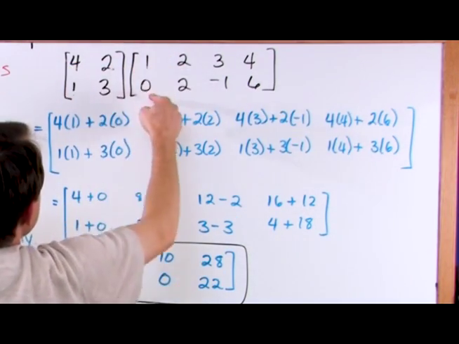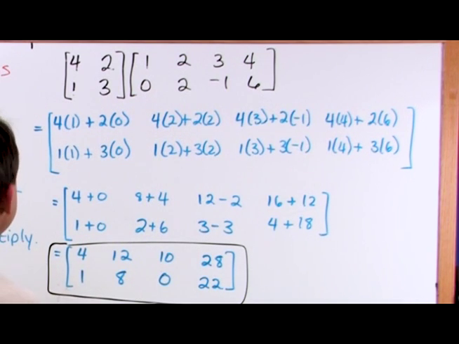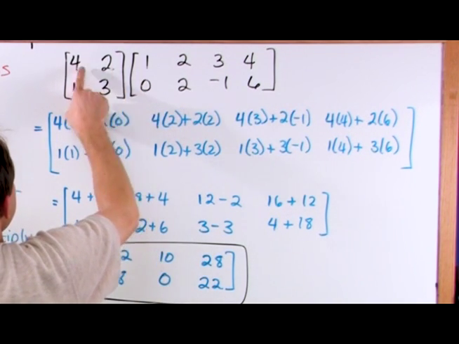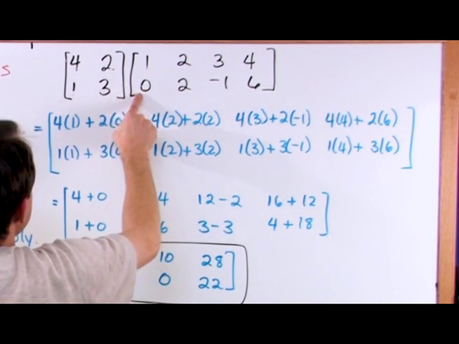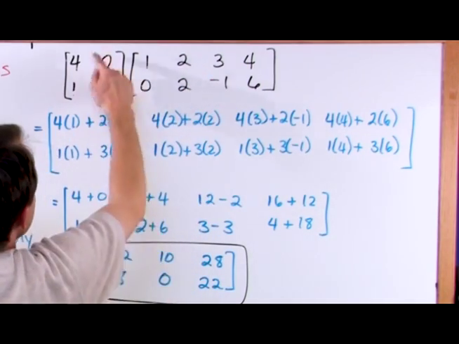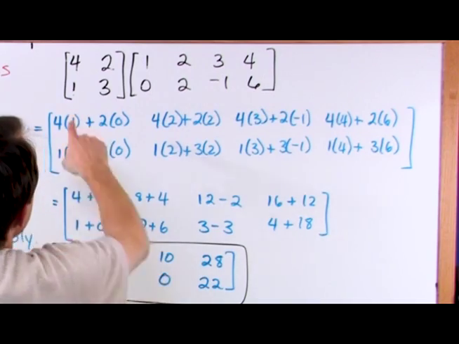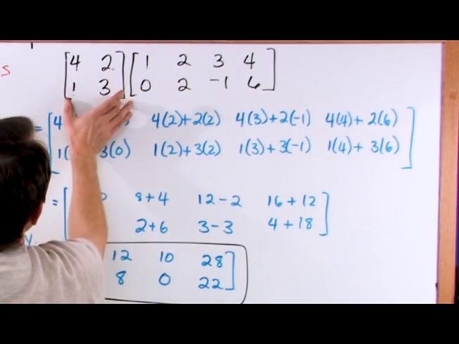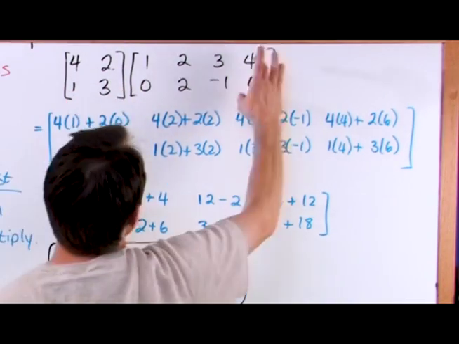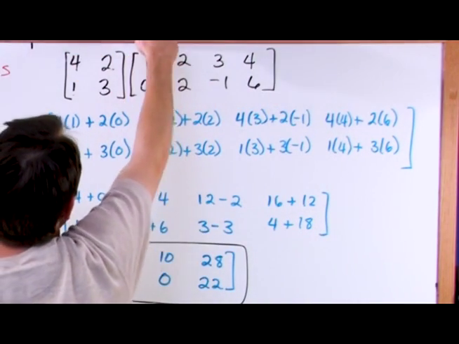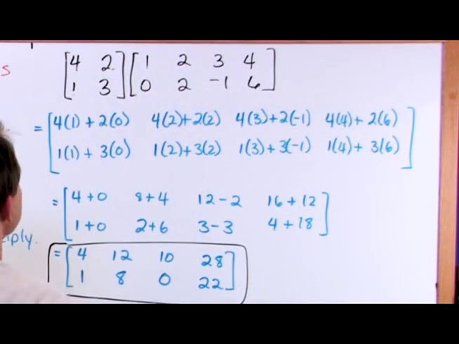As you start multiplying, everything over here has to multiply by something. If you have extra rows, you're going to have rows down here that aren't going to be able to multiply with anything here. So as you go over and down, the number of columns here must be equal to the number of rows, so that as you multiply and go down, you multiply everything by something.